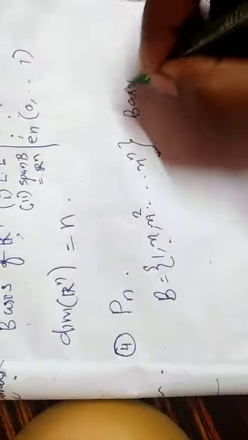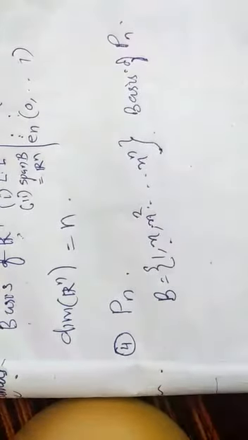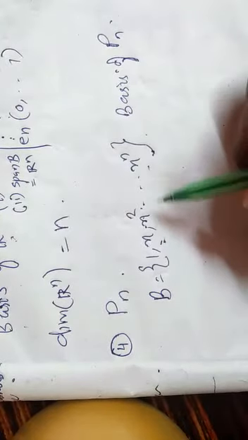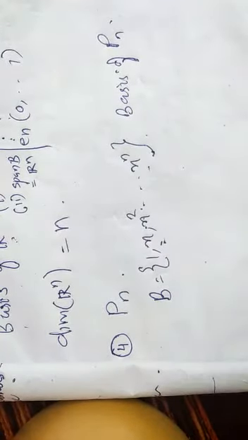I will say one more example. You take Pn. Pn is the set of all polynomials of degree less than or equal to n. In this case, we take 1, x, x square, etc. x power n, a subset of Pn. We already showed that this set is a basis of Pn. Otherwise, you can check that this is linearly independent and every element in Pn can be expressed as a linear combination of these n plus 1 elements.